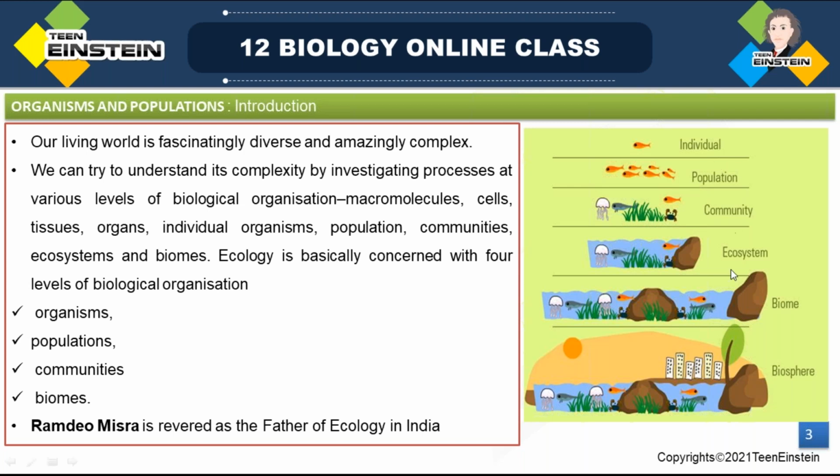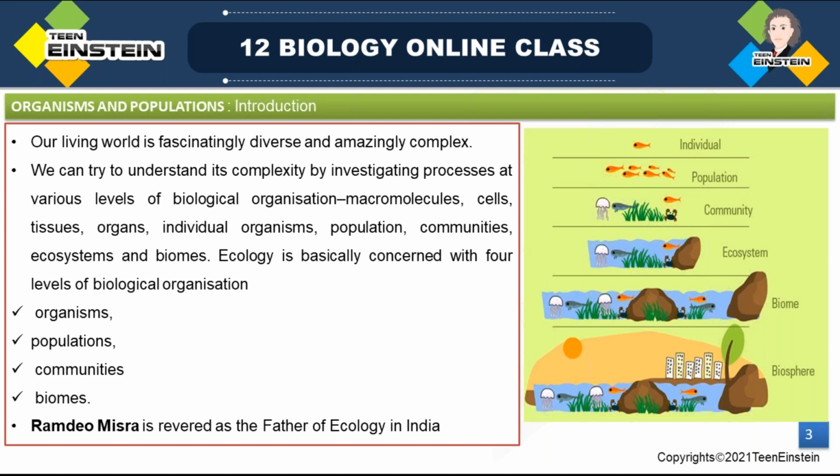Here you can see first the individual organism, then population, then community, then comes the ecosystem, then biome. Biome means a large unit of land which is having different communities. Okay, in this large unit of land you can see different communities.